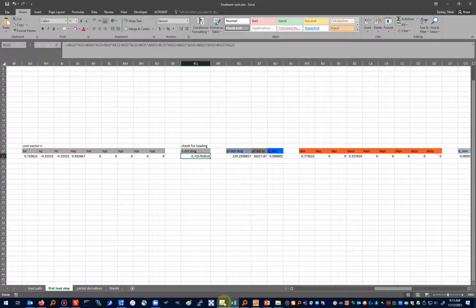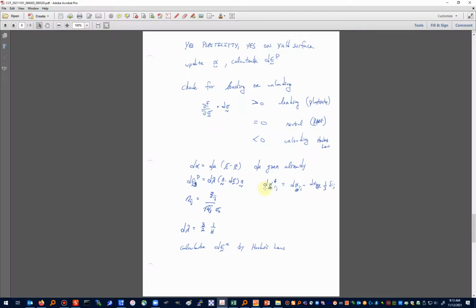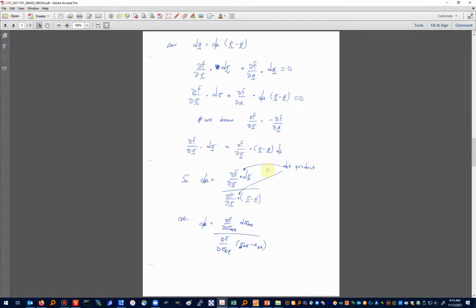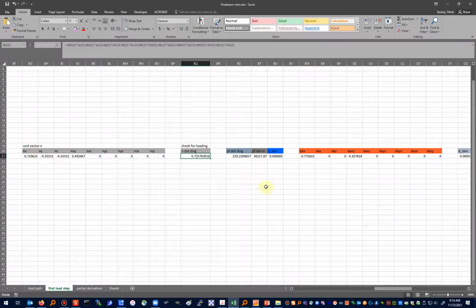Alright, so if we go back to our page, the d mu calculation is partial f with respect to sigma or psi dot d sigma, over partial f with respect to xi dot sigma minus alpha. So this is the top of it, and this is the bottom, and that's what these terms are here. Partial of f with respect to sigma dot d sigma, partial f with respect to sigma dot sigma minus alpha.